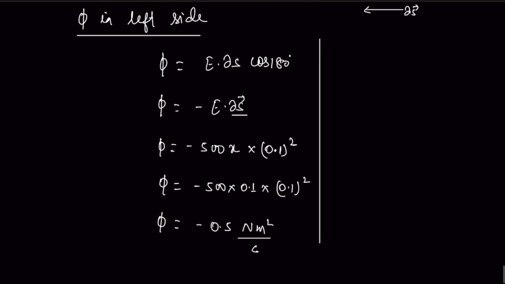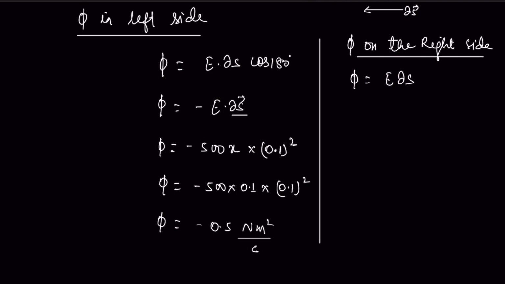Similarly, for the flux on the right side, phi is equal to E ds cos theta. Here theta will be 0 degrees because the electric field and the surface area are both parallel to each other. So flux is equal to 500 into x into 0.1 whole square.